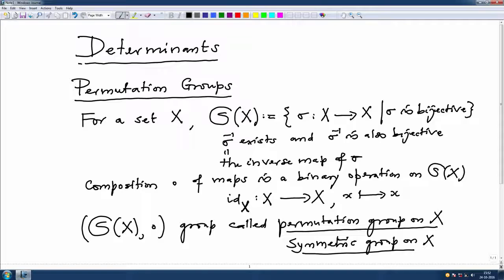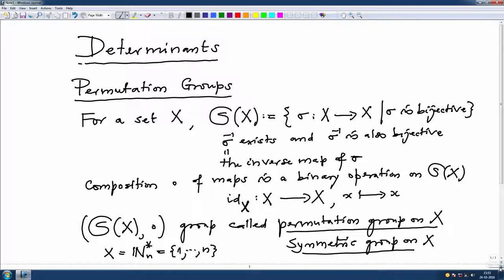In fact, in the theory of determinants, we will use this for X equal to {1, ..., n}, which is the set 1 to n. Note, in the case of a finite set X, to check sigma is bijective, you only have to check that sigma is injective or surjective. One check is enough because of the pigeonhole principle. Once it is injective, it will be bijective, as a map from a set to itself. But this is only true for finite sets. If it is not finite, then there are injective maps which are not bijective. But we will mainly concentrate on the finite case.